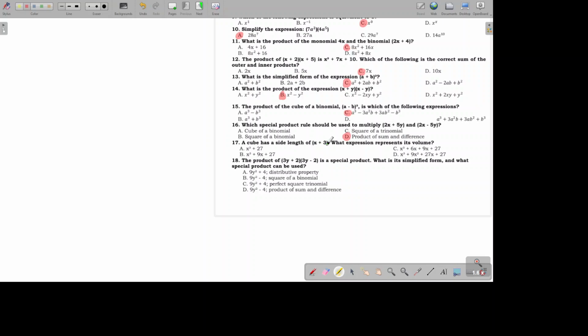So x plus 3 cubed will just have to follow the same as what we did in number 15. We just cube the first term, x cubed, and then we triple x squared times 3. X squared times 3 is 3x squared, times 3 is 9x squared. Okay? So this is the only one that has that. So obviously, letter D is the answer, but let's continue.